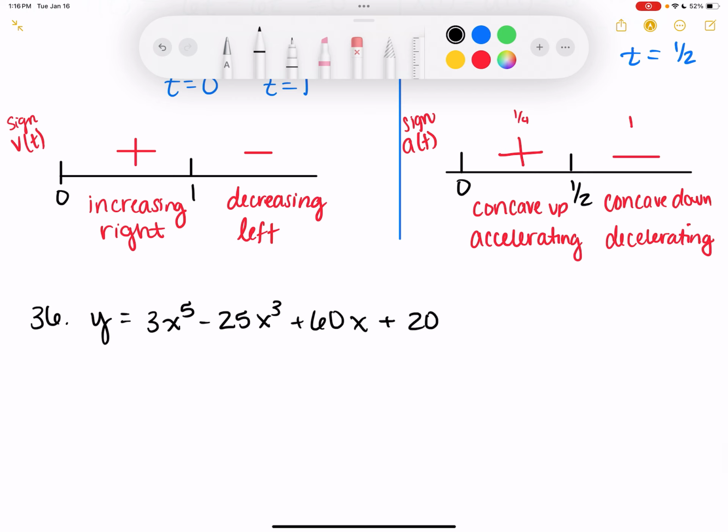All right, what is my first step to finding local extrema? Derivative. So 15x to the 4th minus 75x squared plus 60.